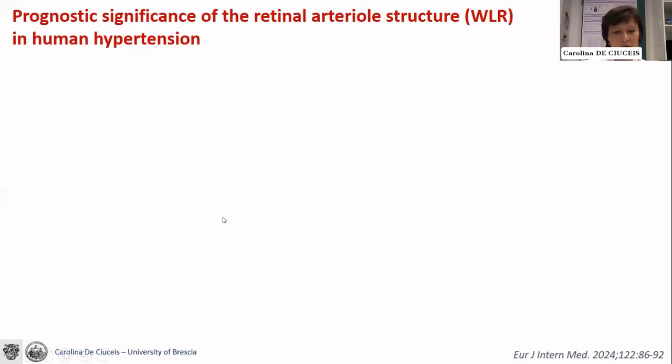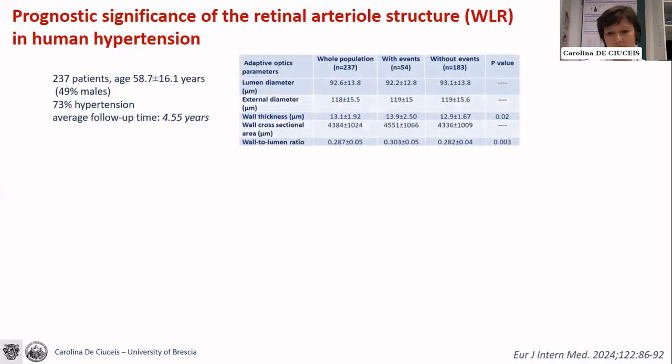Yes, we previously demonstrated that an increase of the media-to-lumen ratio of subcutaneous small resistance arteries evaluated by the micromyography technique predicts the development of cardiovascular events. Therefore, we aimed to investigate whether the retinal arterial wall-to-lumen ratio evaluated with adaptive optics may have similar prognostic significance.